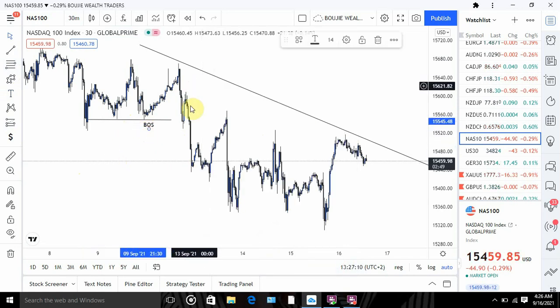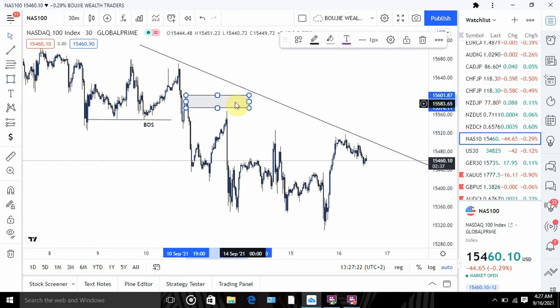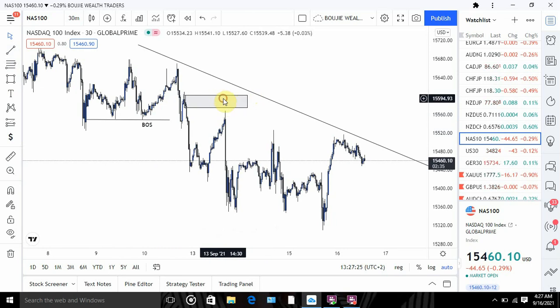The market broke the structure here, and then it came back to our point of interest, which is our order block that is sitting right here.